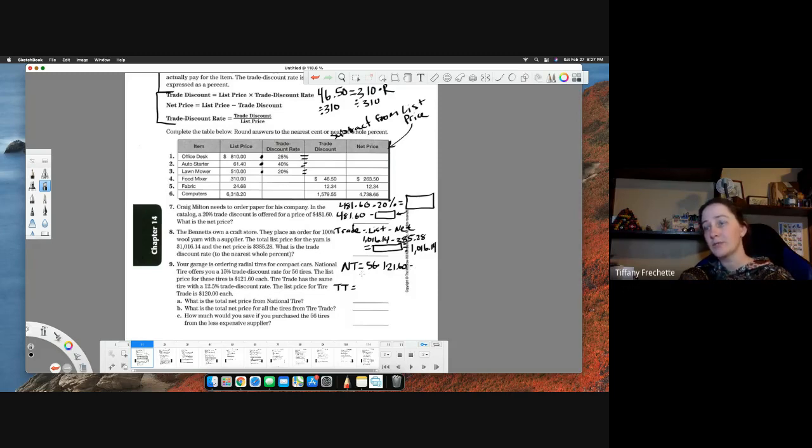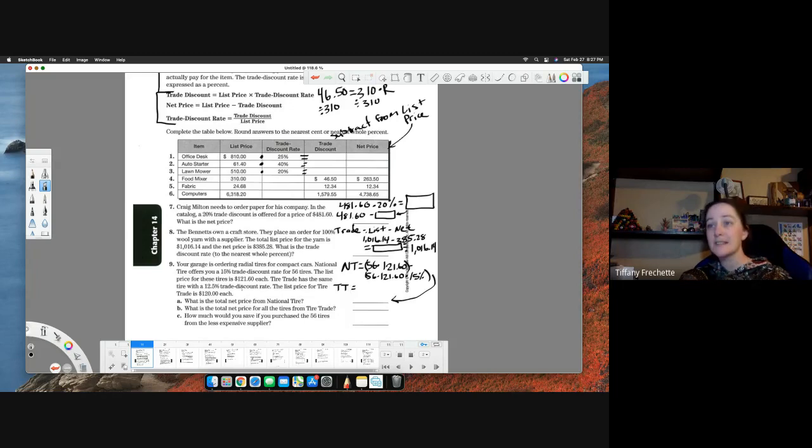It's the same equation: 121.60 times our trade discount rate of 15%. So we have what the tires cost minus our trade discount, and that'll tell us the first answer, for National Tire.